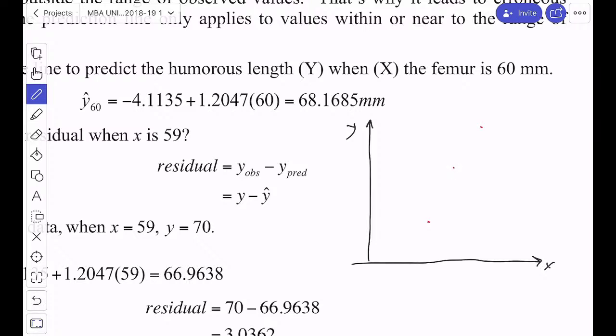I don't have the exact graph, but you should plot it and see. And there's a line that we've predicted.